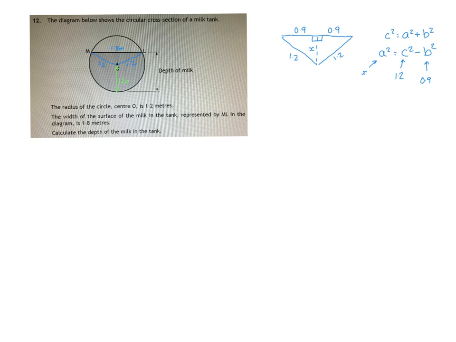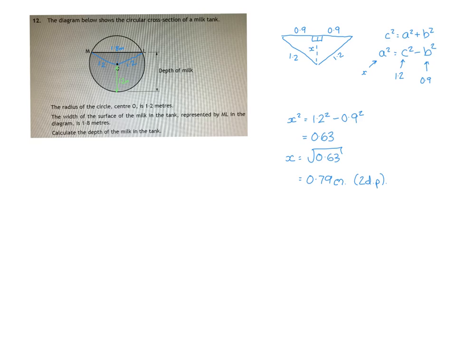And our a is x. So x squared is equal to 1.2 squared take away 0.9 squared, which is 0.63. Then we find x by taking the square root of that, which gives us 0.79 meters, to 2 decimal places.